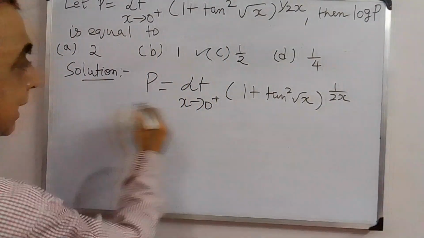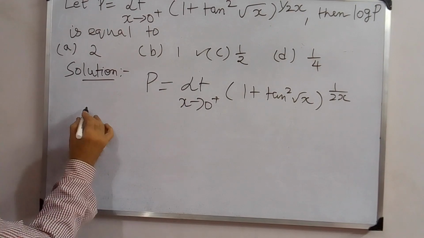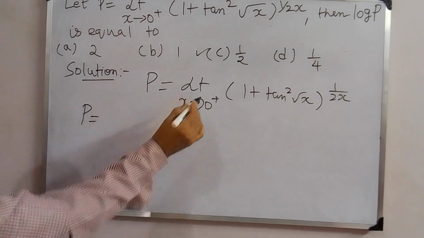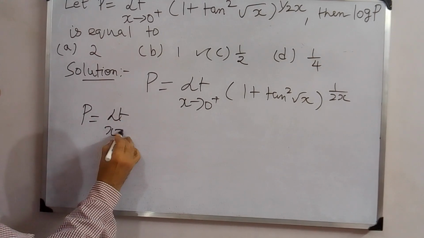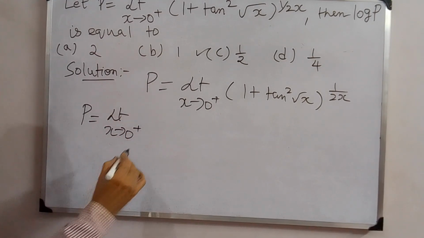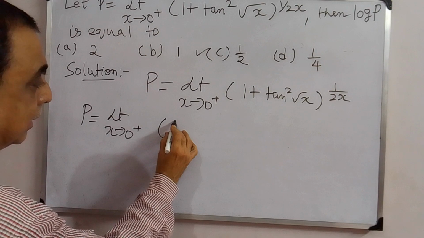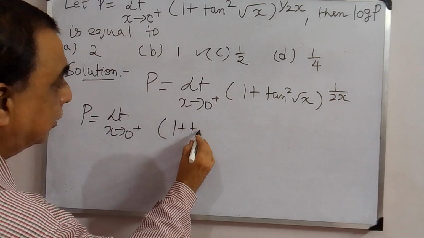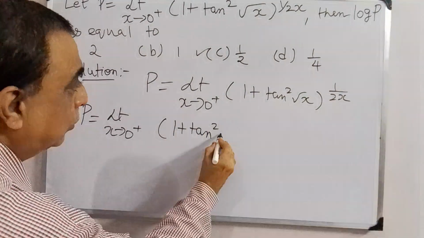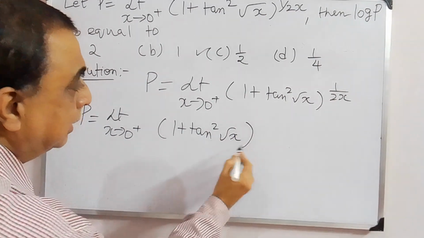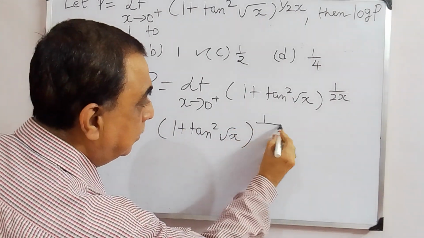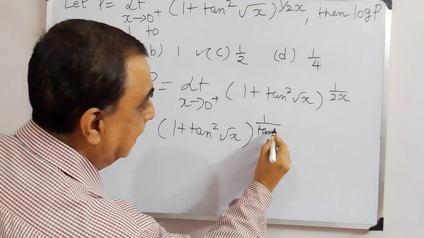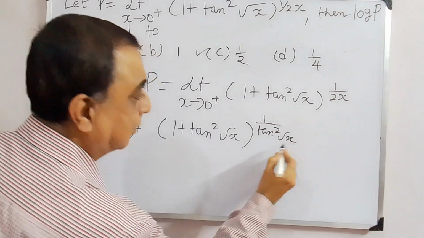Now, before taking the log of both sides, I am writing this as p equals limit x tends to 0 plus, and here I am writing 1 plus 10 squared root x, with the power 1 by 10 squared root x.